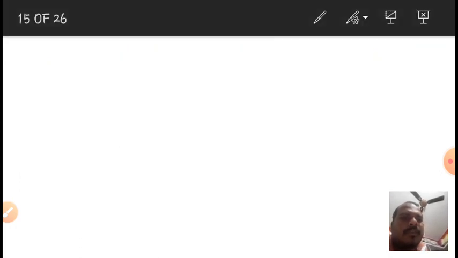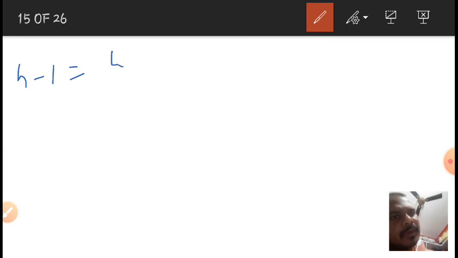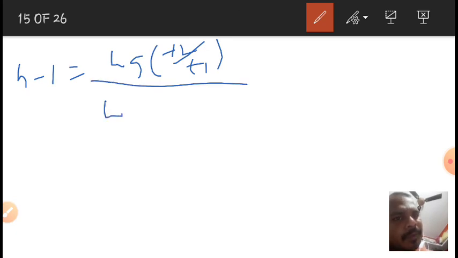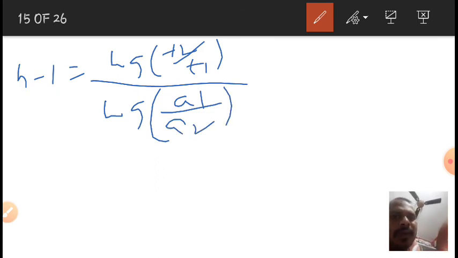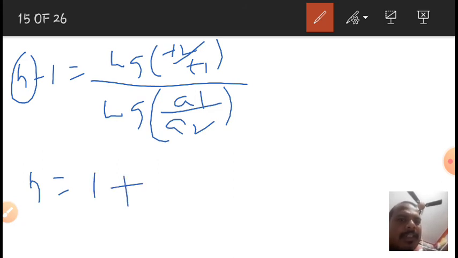Then we get n minus 1 is equal to log (T2 by T1) by log (A1 by A2). I want order n, so I am moving this 1 to this side, and its sign will become positive.